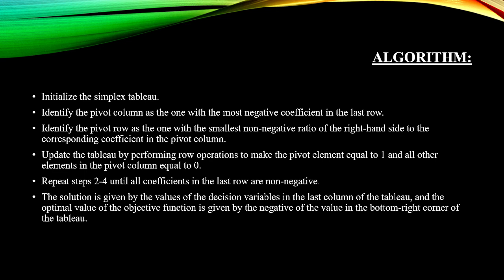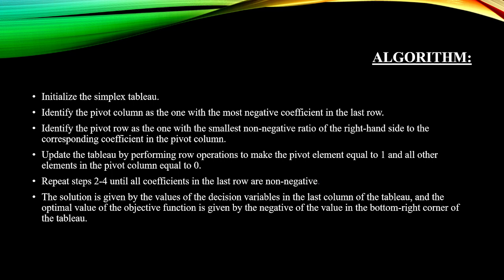First, we initialize the simplex tableau. Identify the pivot column as the one with the most negative coefficient in the last row. Identify the pivot row as the one with the smallest non-negative ratio of the RHS to the corresponding coefficient in the pivot column.